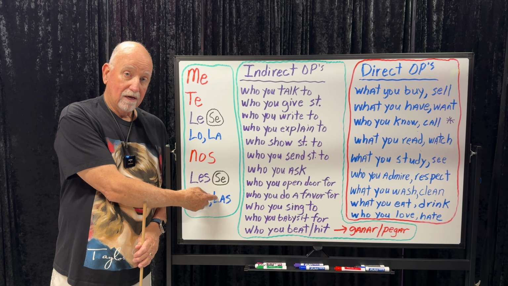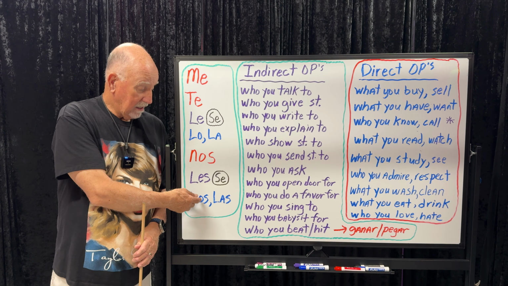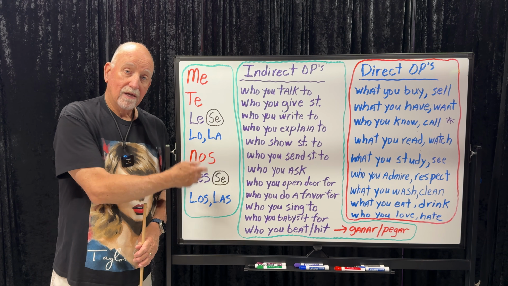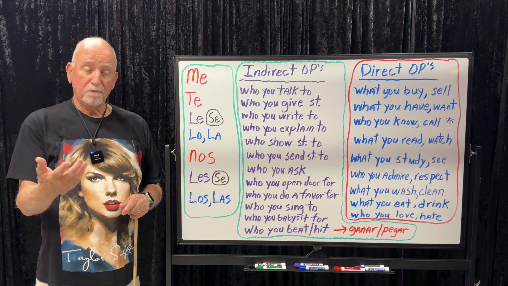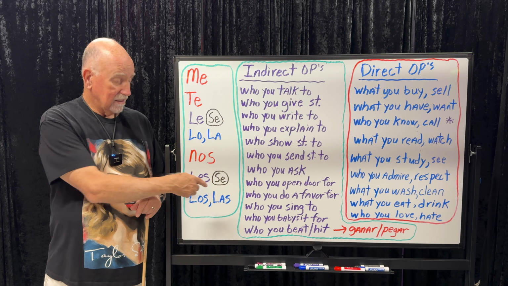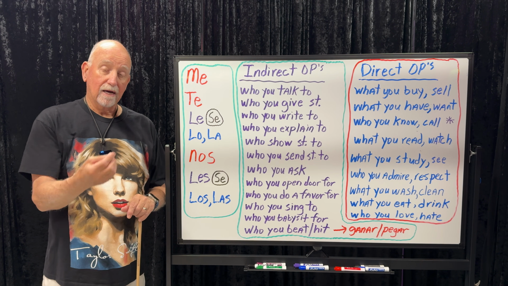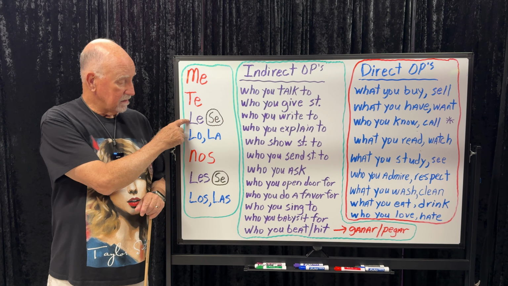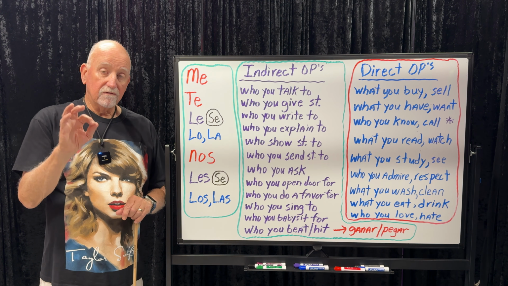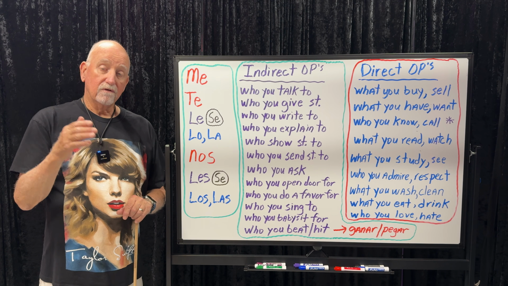Las could be them, all girls, or it could be them in terms of objects. So the le and the les basically refer to people. The lo, la, los, and las, the direct object pronouns, can refer to objects and people. We're going to find out that sometimes the le and les, in very few instances, can refer to an object.